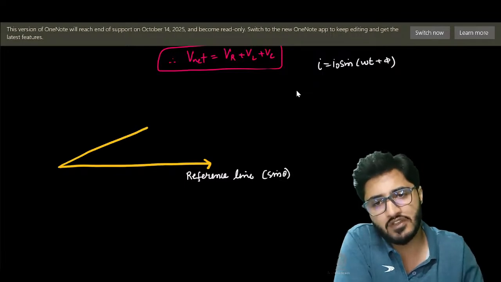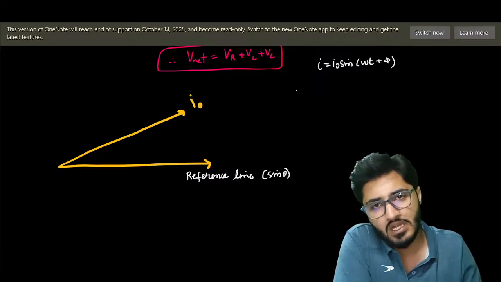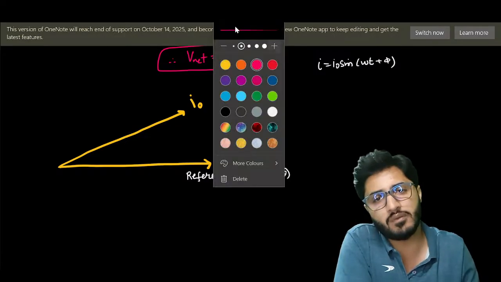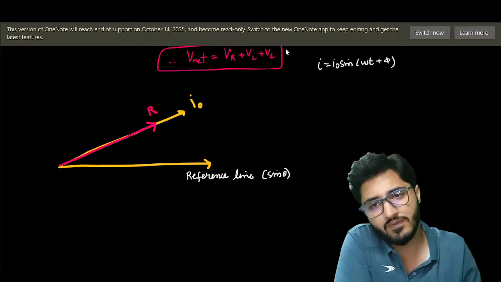This equation will be my equation of current, that is I naught. If we talk about my R, there is no lagging. So my R will be in this way.